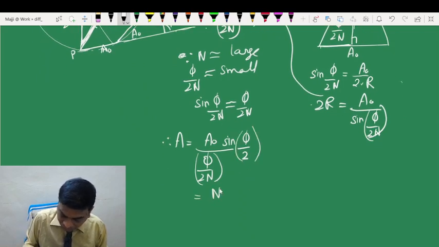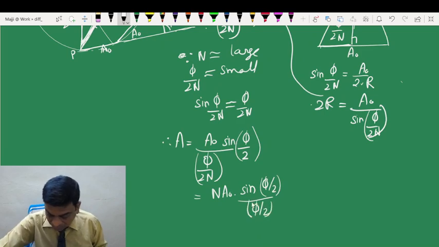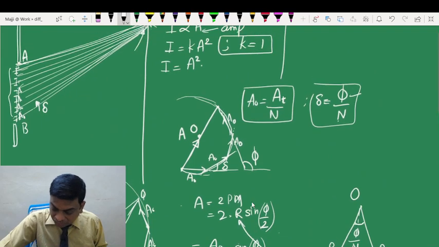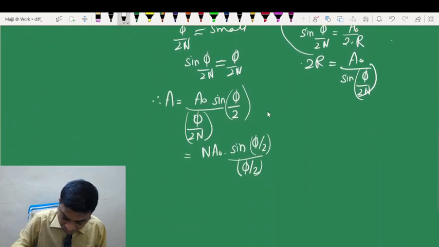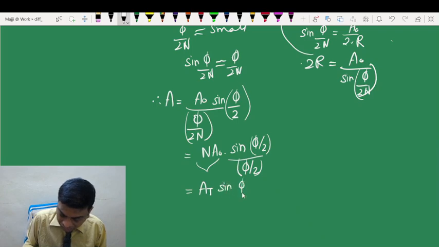So finally you have n A naught into sine of phi by 2 upon phi by 2. Now remember students, what is A naught into n? That is the total amplitude. So I'll write this as A total into sine phi by 2 upon phi by 2.